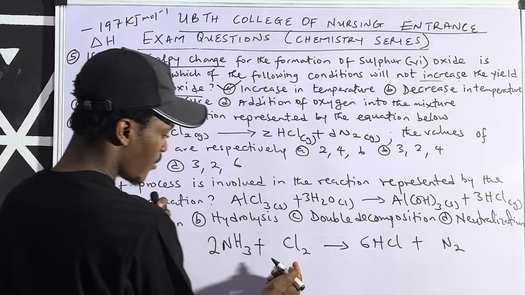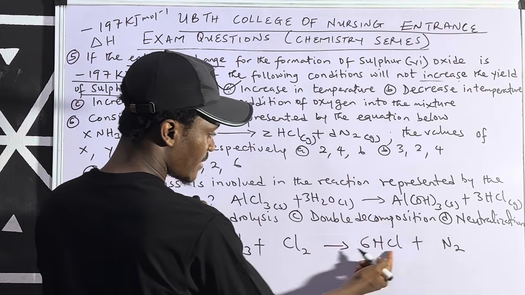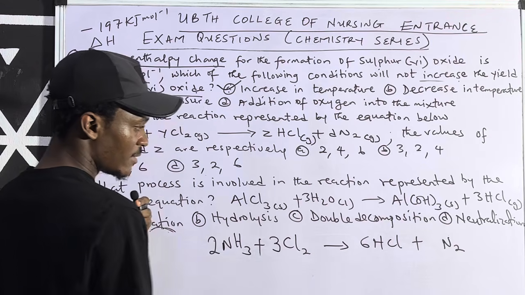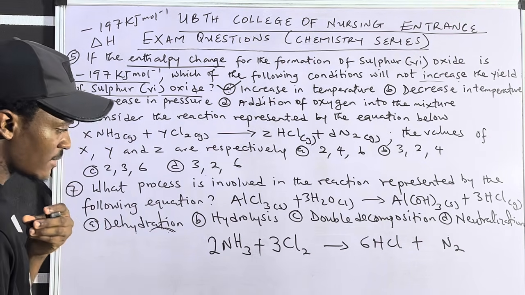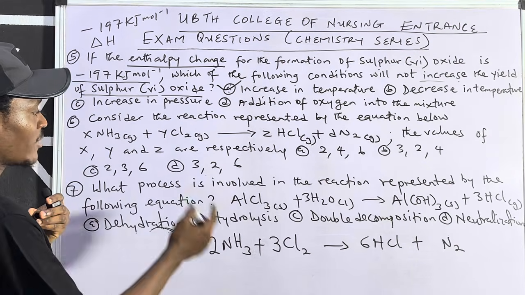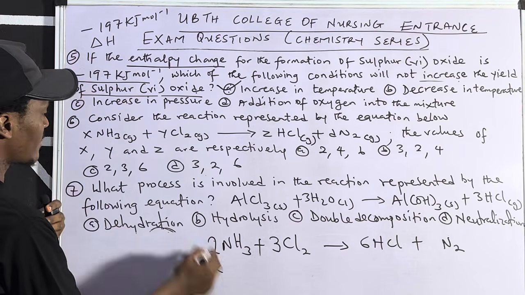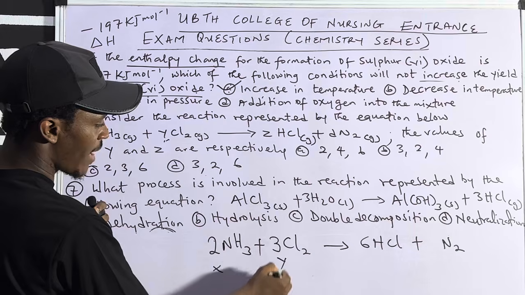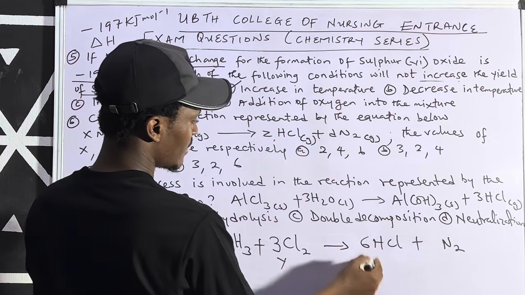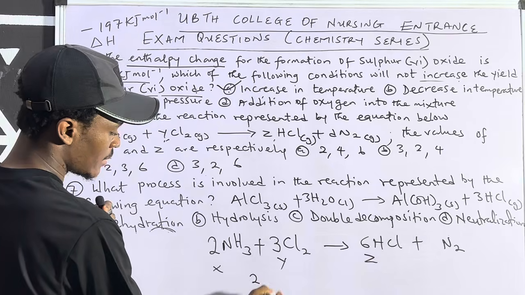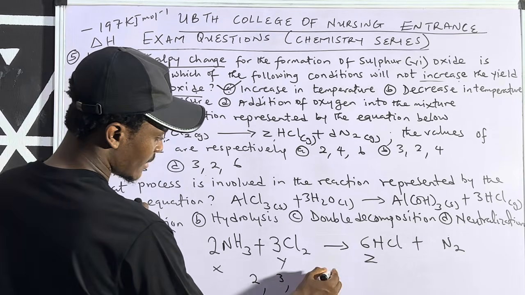Then next, we're having 2 chlorines here, but over here is 6. So what do we multiply by 2 to get 6? 3. So everything becomes balanced. So remember that if we want to now introduce those letters written previously, then it should be what? X, Y, and what? Z. So it should be 2, 3, and 6.